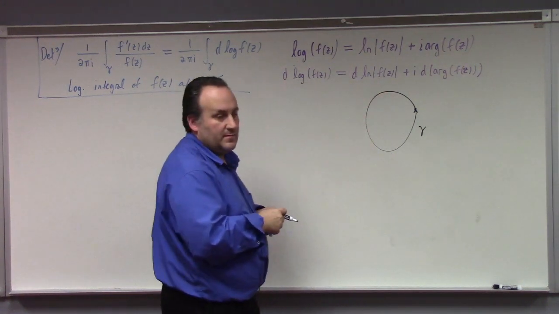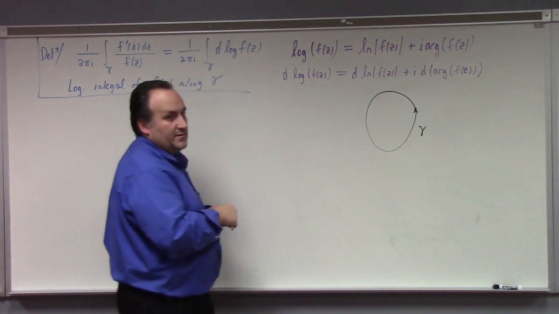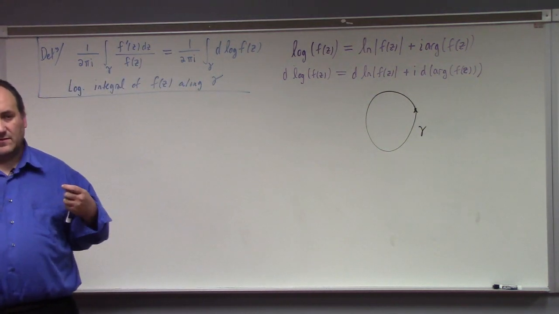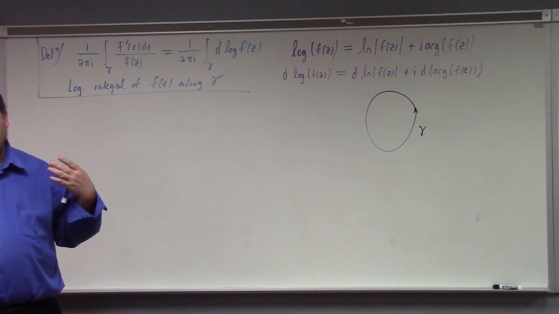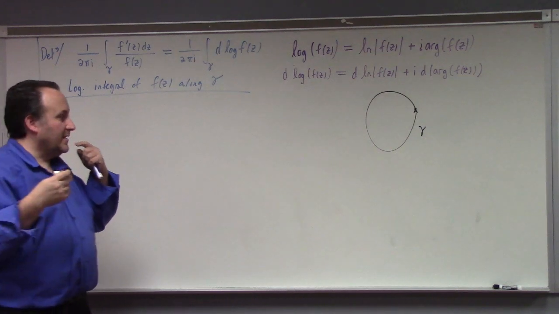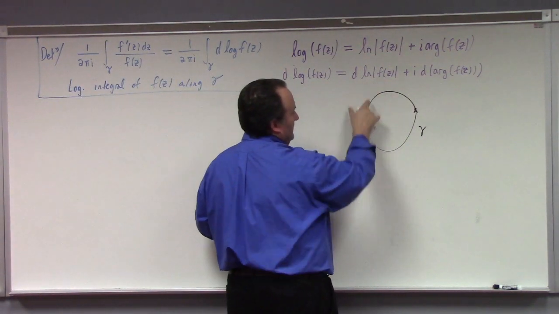Think about it. This piece is going to integrate to 0 because the natural log of the modulus of f of z serves as an antiderivative for that integral. Anyway, that integrates to 0 because it's a total differential.